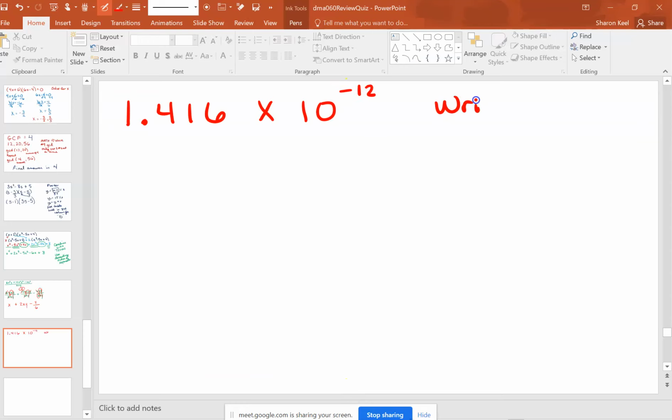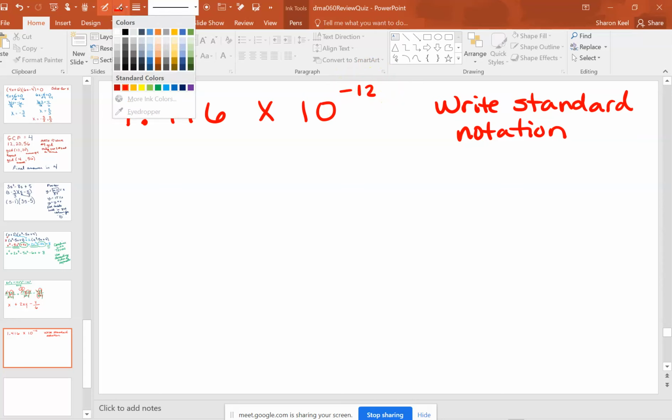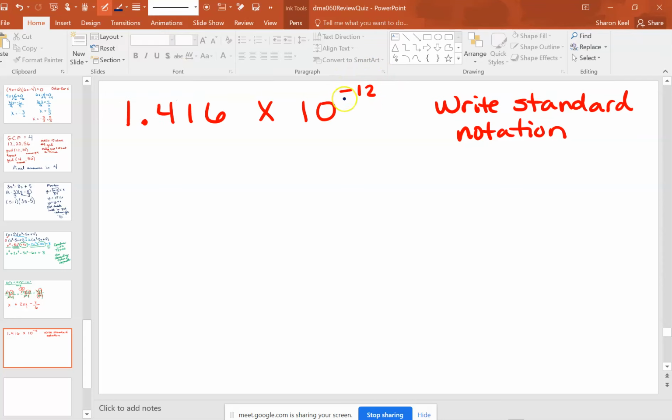And they want us to write in standard notation. Standard notation simply means, and since we have this negative sign with the exponent, this is scientific notation. That negative here lets us know we're going to move to the left. We're going to move left 12 places.